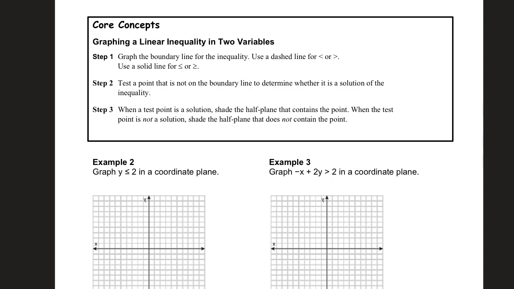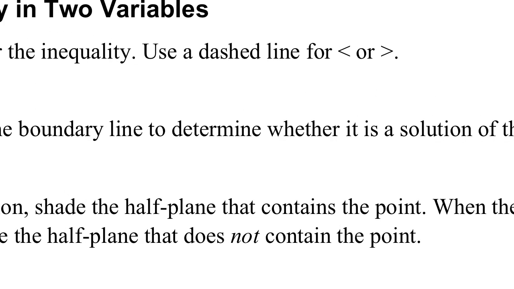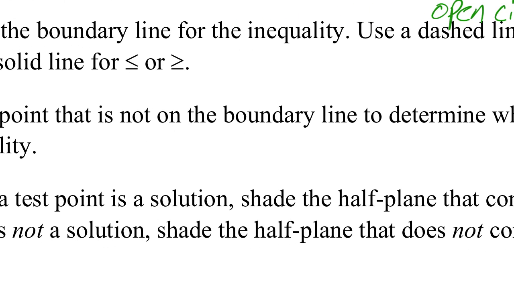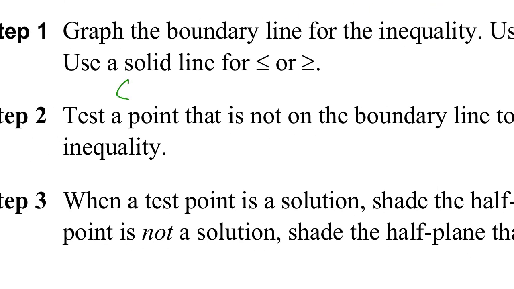So if you want to make a little note here, dashed lines are similar to open circles. And then your solid lines are sort of like a closed circle. Because closed circles, there's nothing missing.